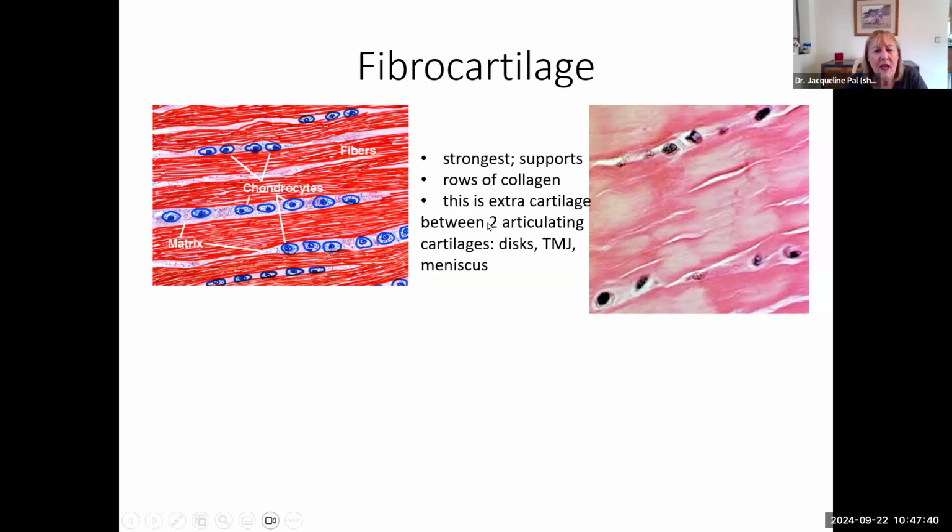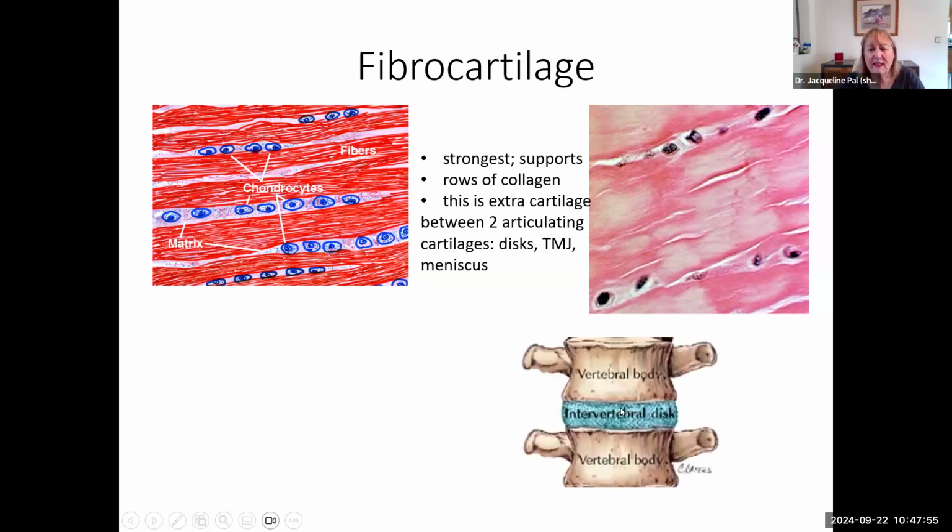Okay. And so when we look at the fibrocartilage, we've got lots and lots of collagen. We've got our lacuna with our chondrocytes in it.